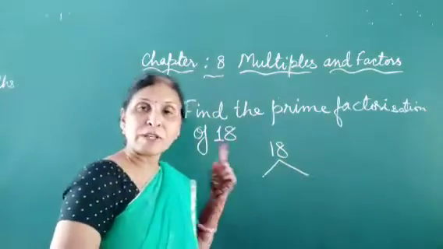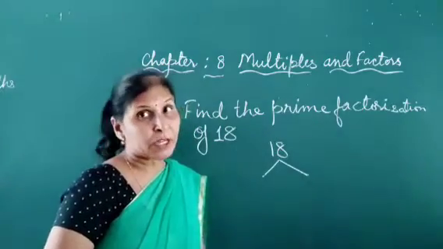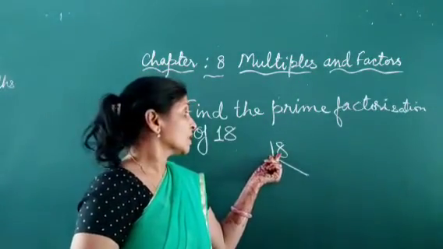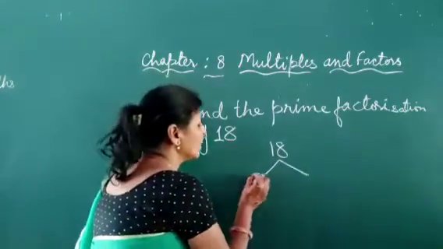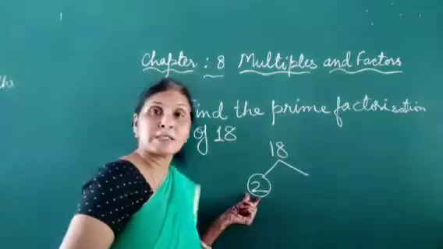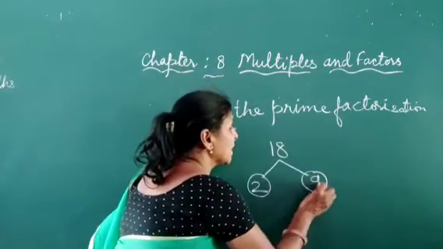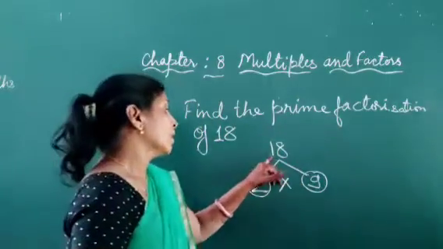We know this 18 is an even number and 18 is divisible by 2. Then we write here 2. 2 is the smallest prime number, and if we multiply it by 9 then we get 18.